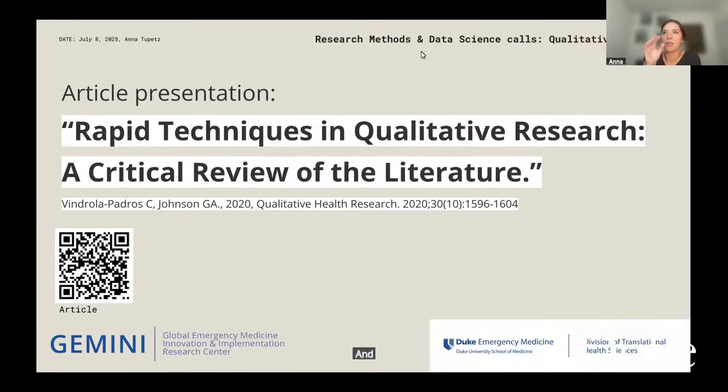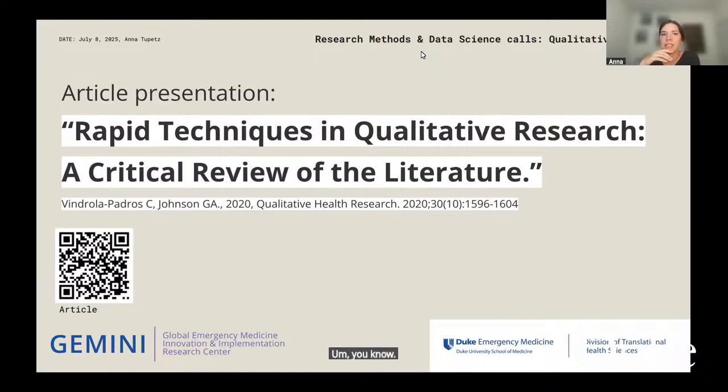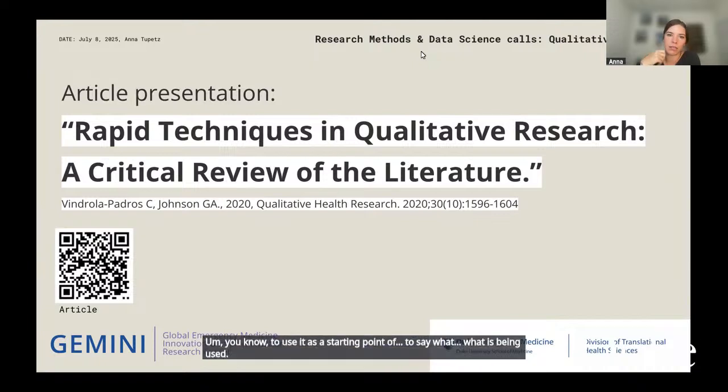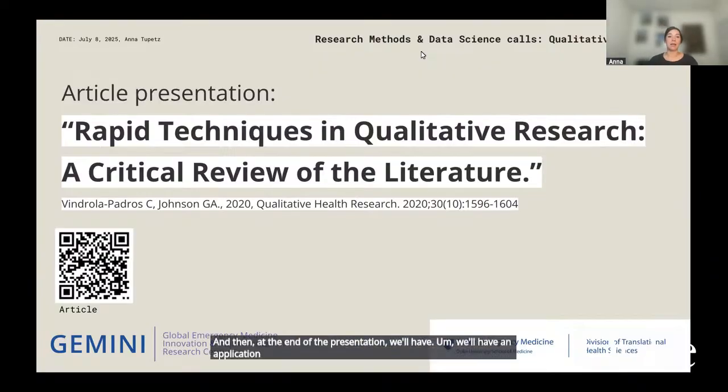What I would like to do in this presentation is go through the systematic review and its findings, and use it as a starting point to say what is being used, what are different techniques, and what are some of the considerations that the authors point out, and then have that as a basis for a discussion. And then at the end of the presentation, we'll have an application example of how rapid qualitative techniques were used in the field.